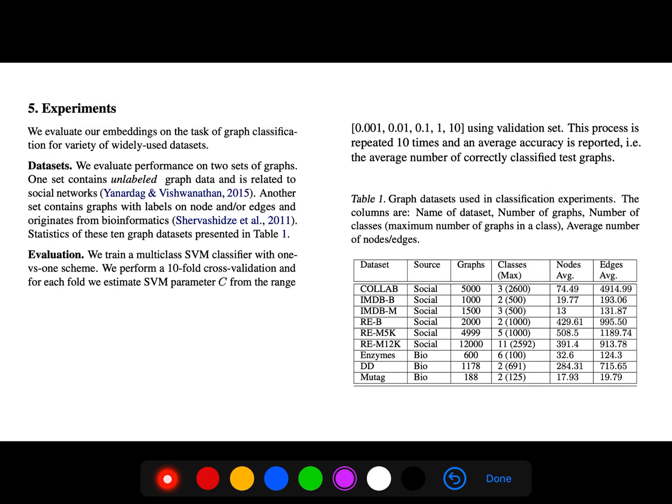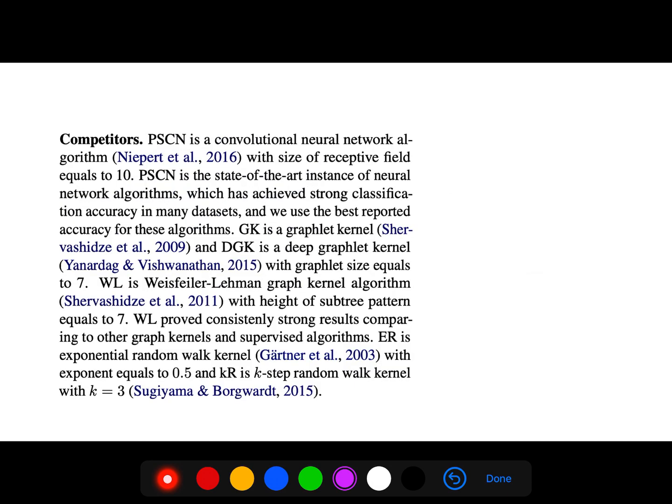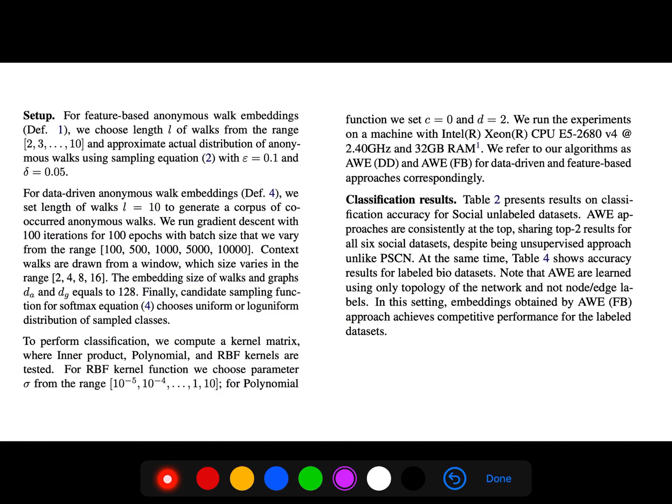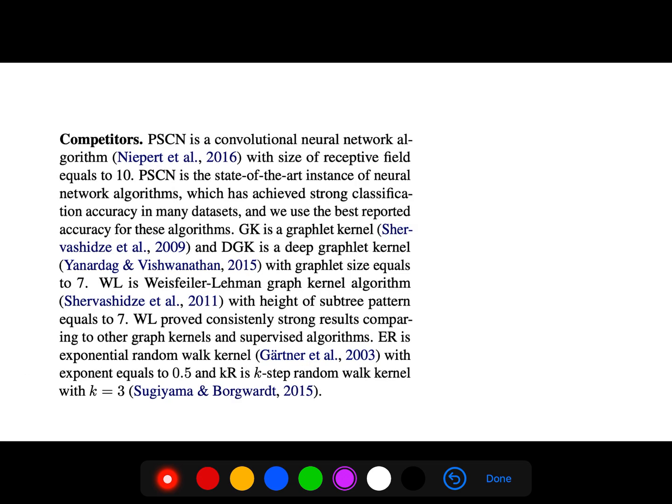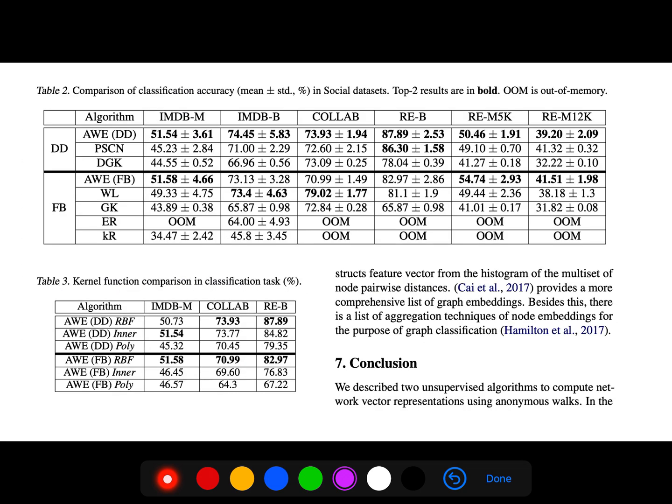And these are the data sets that we use for graph classification, like enzymes, DD, mutag. For example, mutag is for mutagen detection. And also they use social data sets as well.